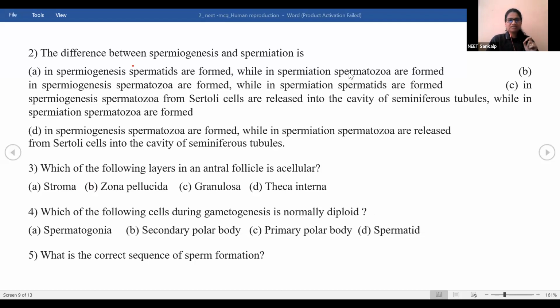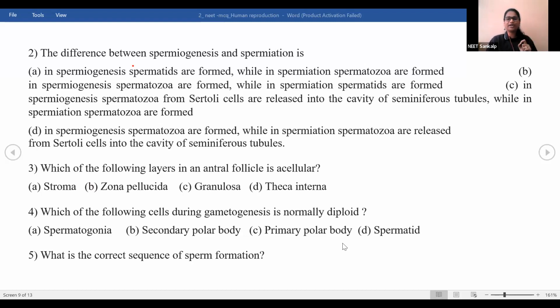Which of the following cells during gametogenesis is normally diploid? Spermatogonia, secondary polar body, primary polar body, spermatid.